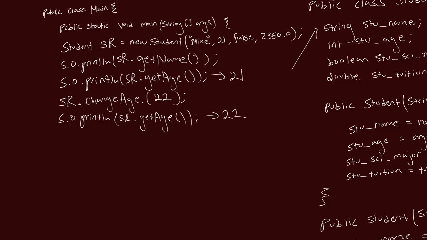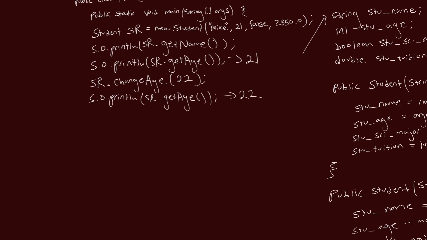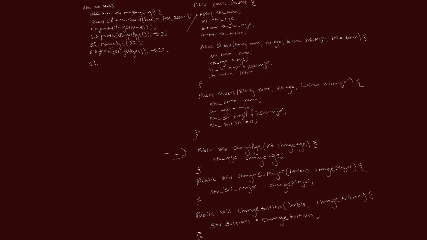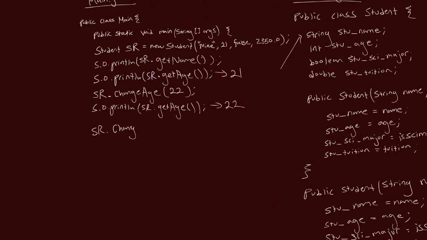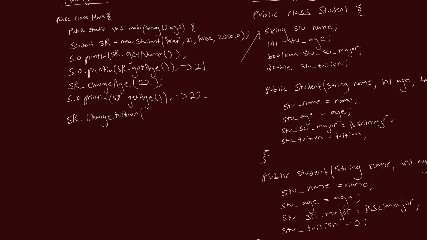Okay. Now let's say he paid off his tuition a bit. Let's say he paid off $1,000. So what we would do is sr.change tuition. I think it was called, yeah, change tuition. Let's get his current tuition. So inside our parameter, we can actually do sr.getTuition.